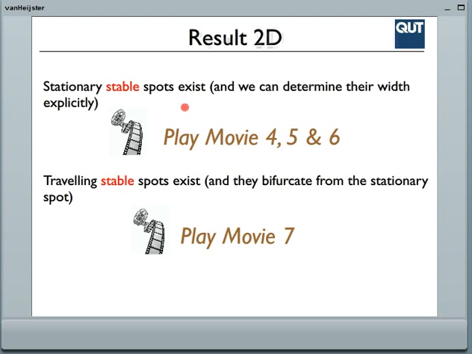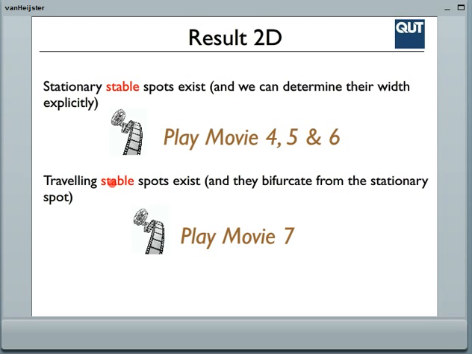Then we can also give them a little push, change some of our parameters, and construct traveling spots, which also turn out to be stable. This is one of the main goals: I wanted to find these traveling stable spots.